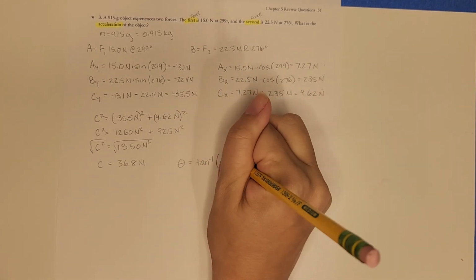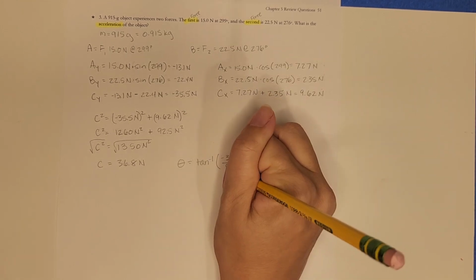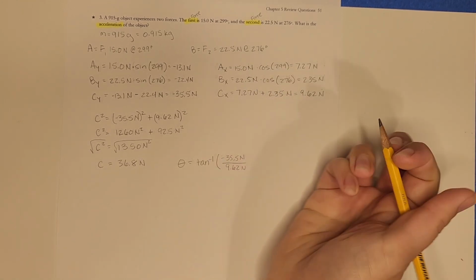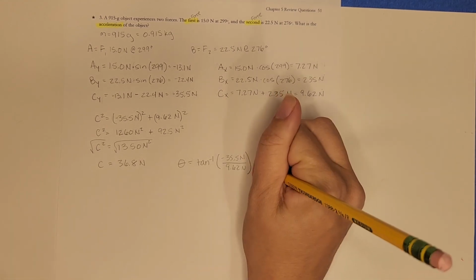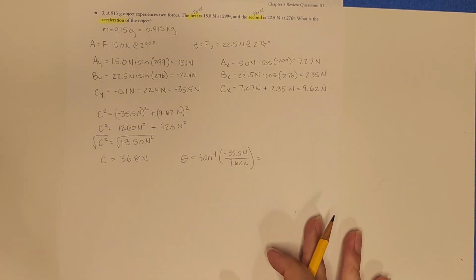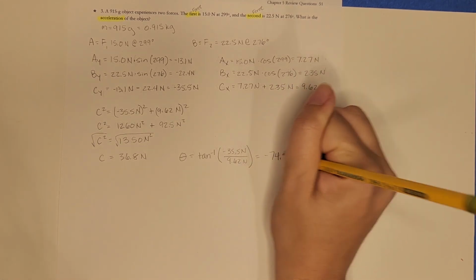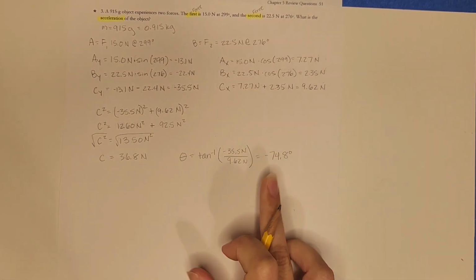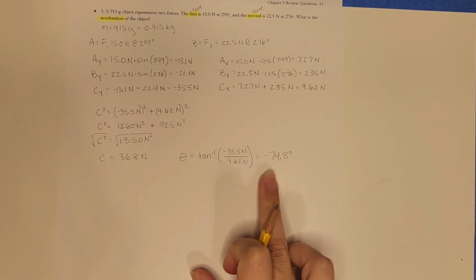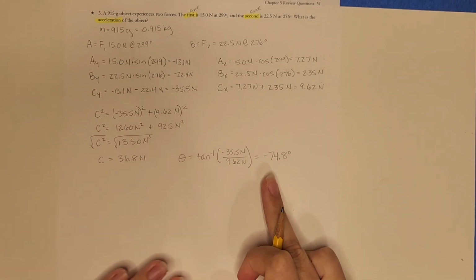So negative 35.5 newtons divided by 9.62 newtons. And with that, I will get negative 74.8 degrees. So we know this is not the final answer because we can't have a negative degrees here.